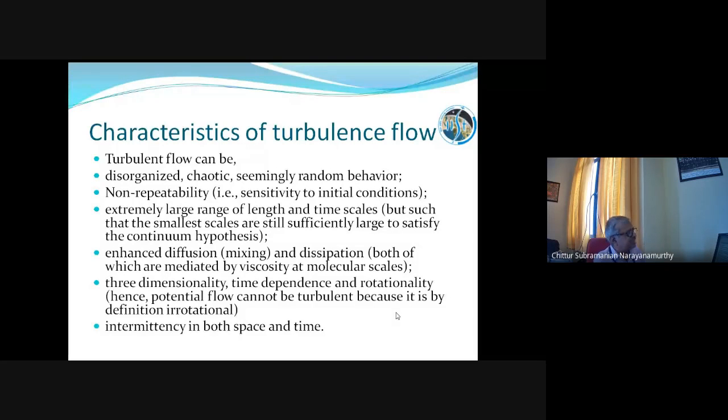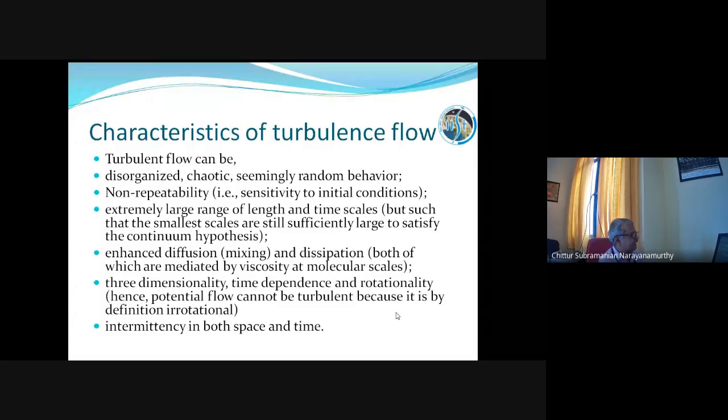It is not stable temporally, and definitely not spatially. You can have an extremely large range of length and time scales, and enhanced diffusion, mixing and dissipation are possible at these scales. It is three-dimensional, and time-dependent rotational. Hence potential flow cannot be turbulent, because it is by definition irrotational. There is also intermittency in both space and time. So these are some characteristics of turbulent flow.